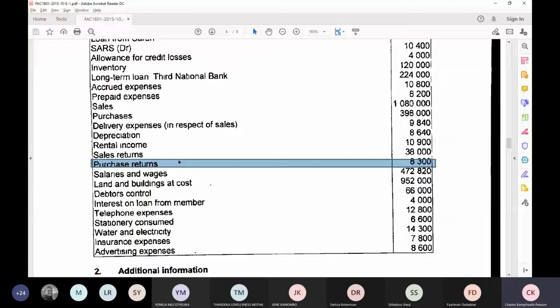You can follow any other way you want, but this has proven for me personally to make sure that my answer is as complete and that I've taken everything that I can take to get marks from a question paper out of it, because sometimes we tend to focus on difficult calculations and we actually forget that there is given information in the question paper which can give free marks, but we forgot to take it out of the question paper. So that's the reason why I do a question the way you are actually seeing me doing it. So purchase salaries and wages, 472,820.